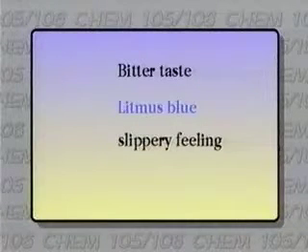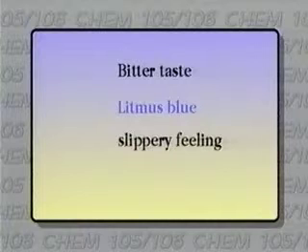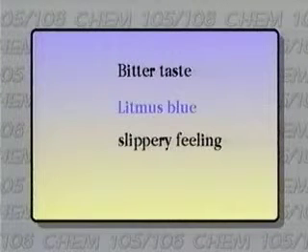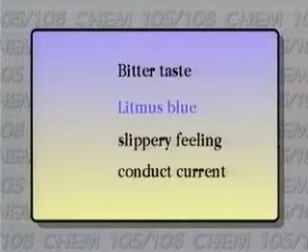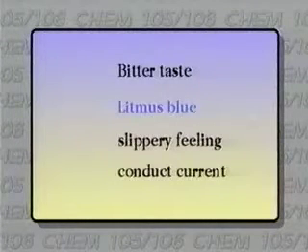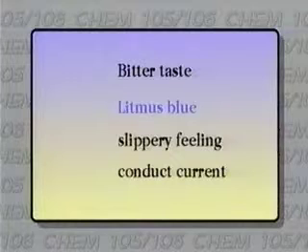For instance, when you would get it on your fingers and rub, it would feel really smooth, like soap. And they also had the ability to conduct a current. So in other words, it was also something ionic when we put it into solution.